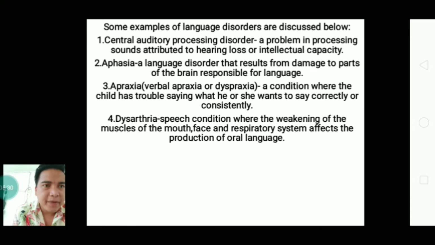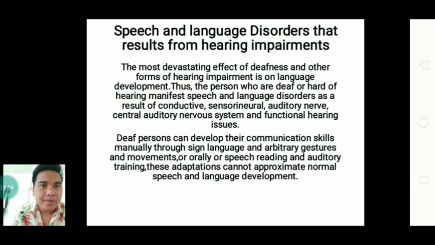Dysarthria is a speech condition where the weakening of the muscles of the mouth, face, and respiratory system affects the production of oral language. The next is speech and language disorders that result from hearing impairment. The most devastating effects of deafness and other forms of hearing impairment are on language development.